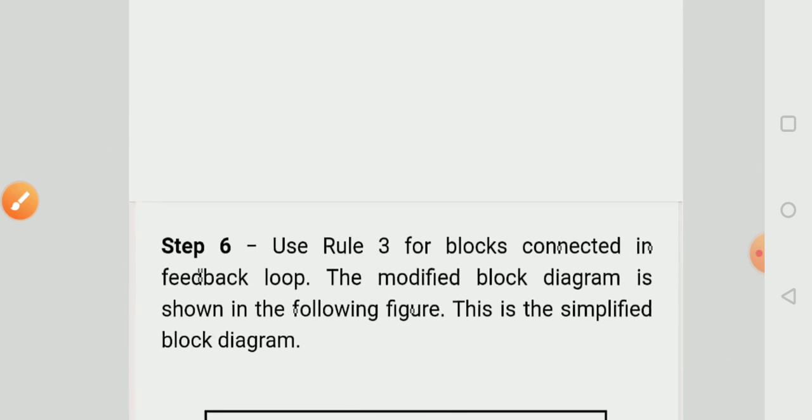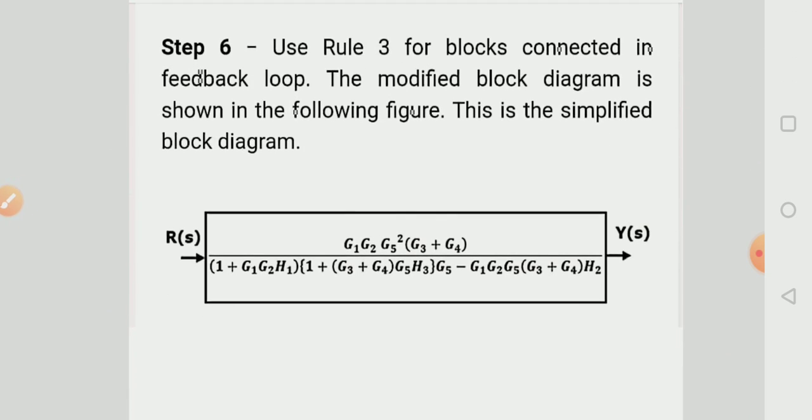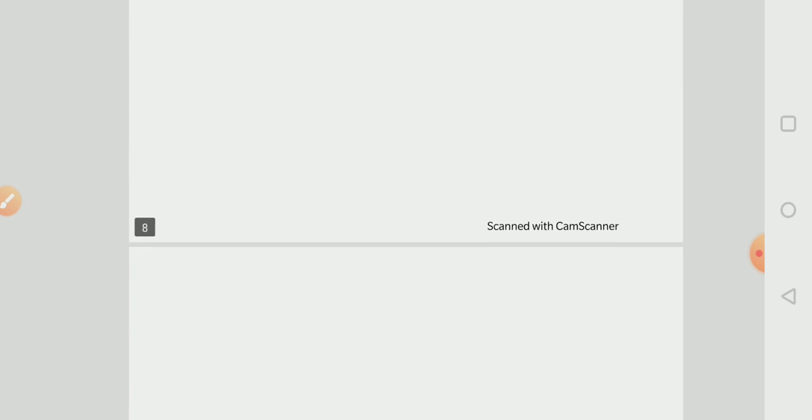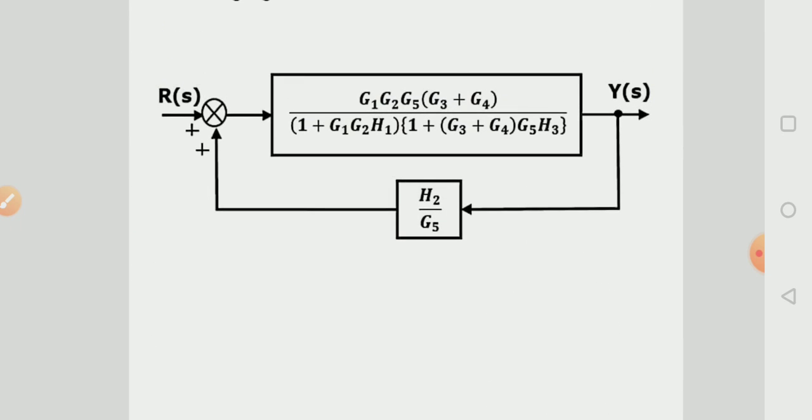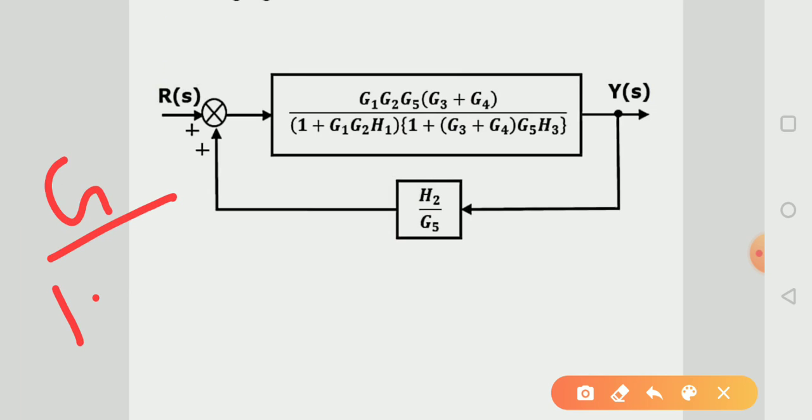So in positive feedback the formula becomes G over 1 minus GH.